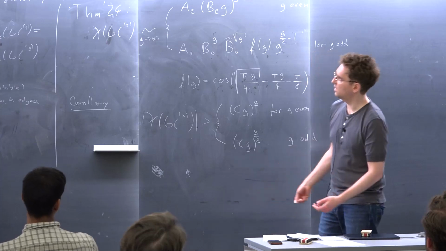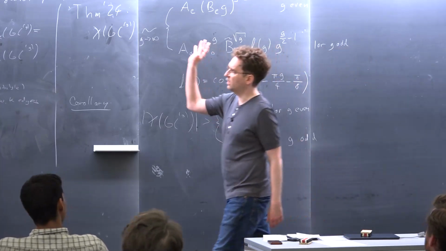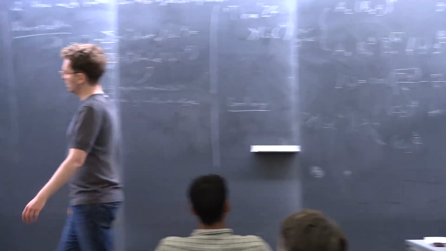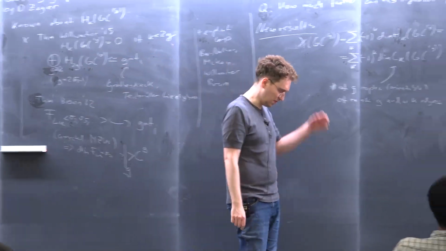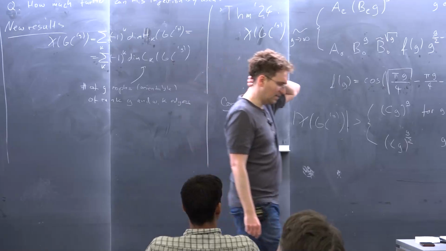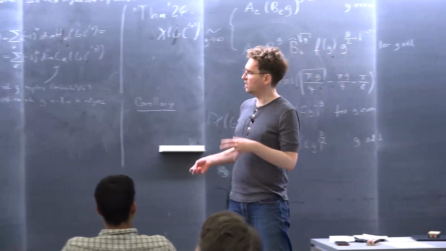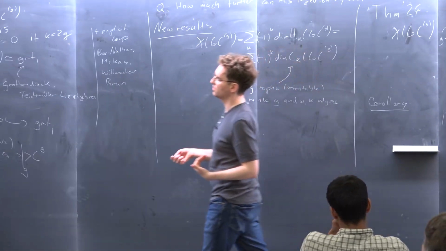Yeah, I also want to mention that this is only one part of the story. I focus on this part because it fits nicely. This is the moduli space of curves. There are two ways to assign these orientations on these graphs.